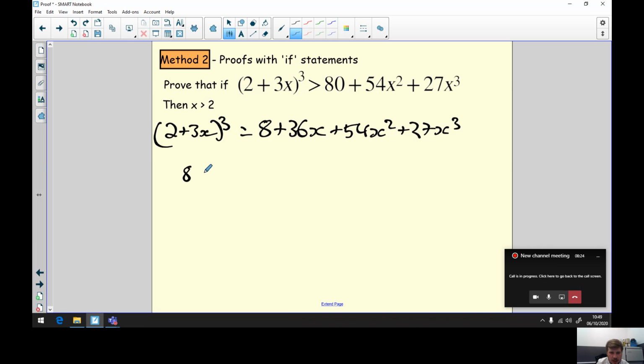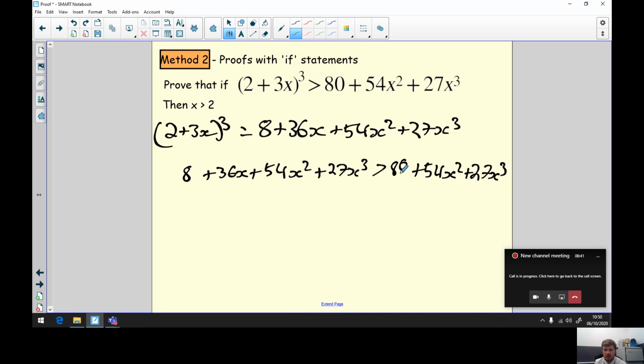So if I put them equal to each other, I get 8 plus 36x plus 54x squared plus 27x cubed is going to be greater than 80 plus 54x squared plus 27x cubed. So cancelling out, I've got a 27x cubed in both and a 54x squared in both.